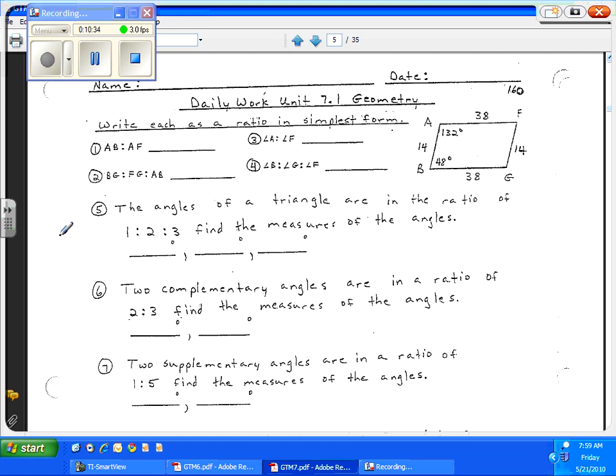AB is 14, AF is 38, so we get 14 to 38. We have to reduce by dividing by the greatest common factor, which would be 2. So reduced, that would be 7 to 19. Any questions on number 1?